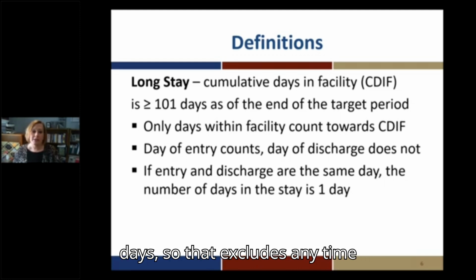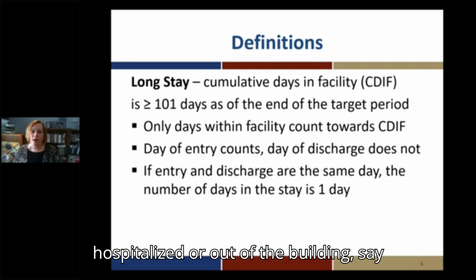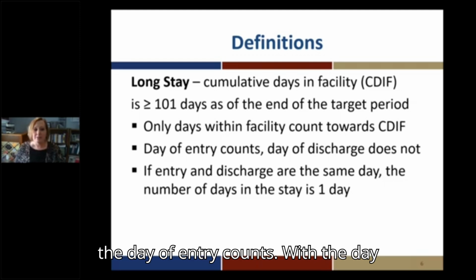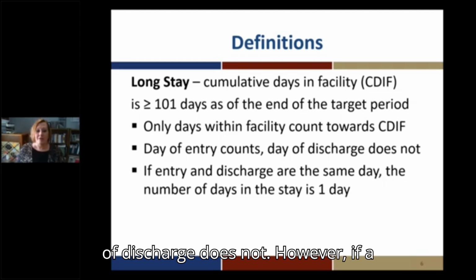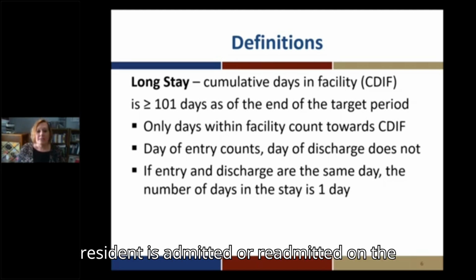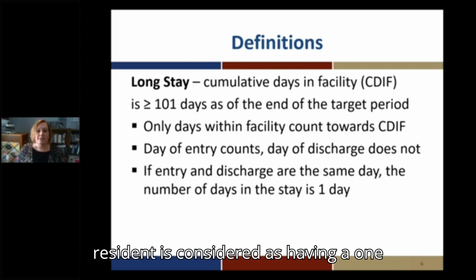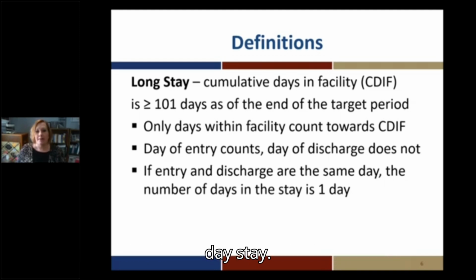So that excludes any time hospitalized or out of the building, say visiting at home. When calculating cumulative days in the facility, or CDIF, the day of entry counts, but the day of discharge does not. However, if a resident is admitted or readmitted on the same day as they are discharged, then the resident is considered as having a one-day stay.